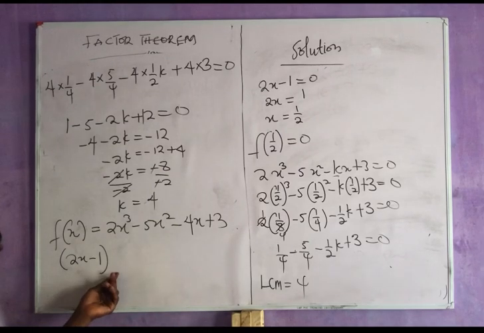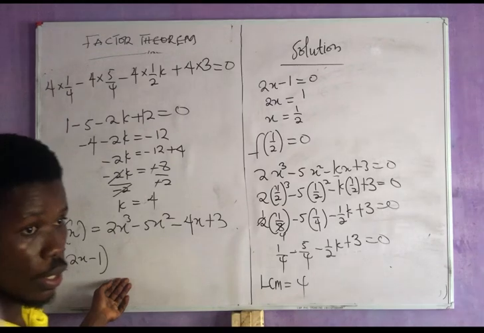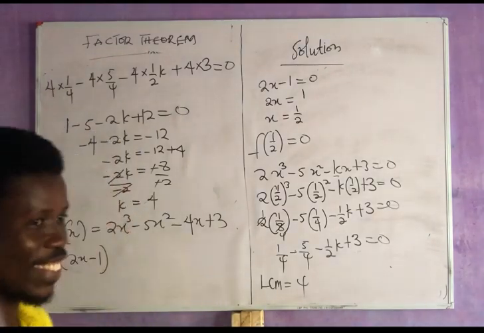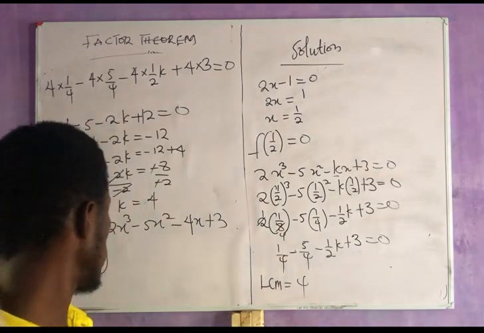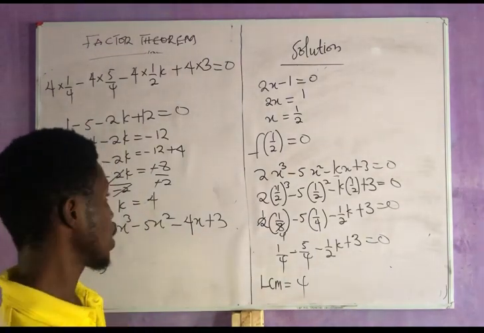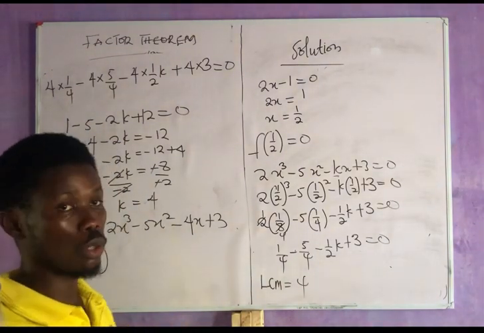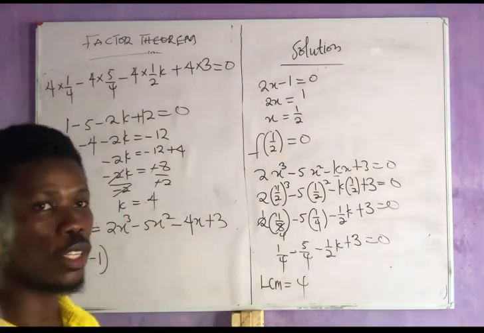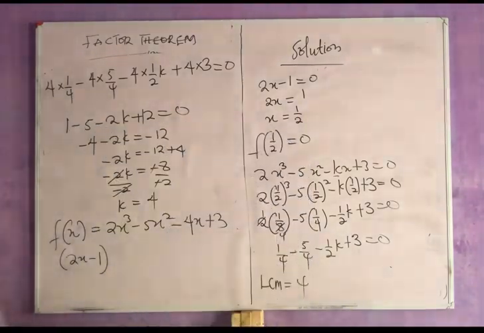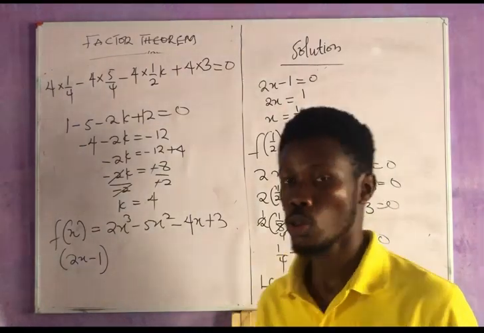For you to do that, you either use the synthetic approach or the long division approach. You know how to go about the synthetic approach, and you know how to go about the long division. This time around, I'm going to use the long division.